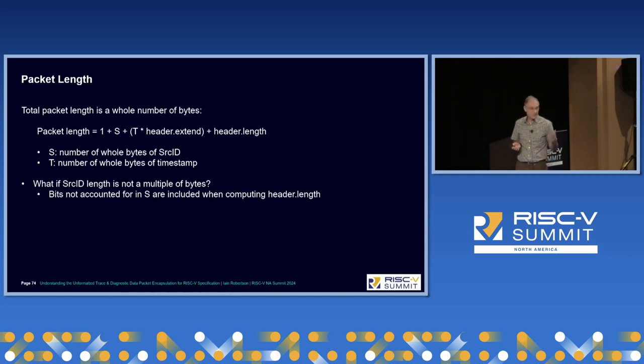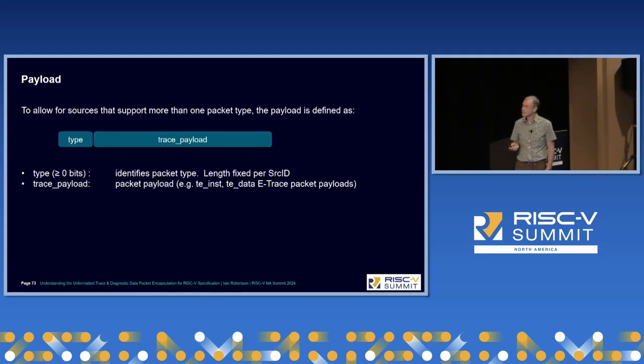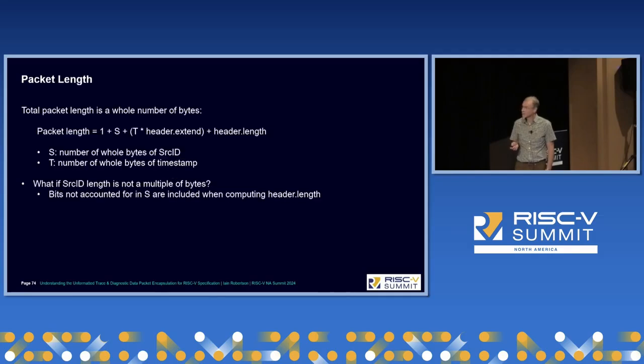But you've got 3 bits left over that you have to account for somewhere when you assemble the length of the whole packet. So what happens is you take the length in bits of this trace payload, you add on the number of bits of source ID that weren't accounted for here, and then you work out how many bytes that is, and that's the value that goes in here.